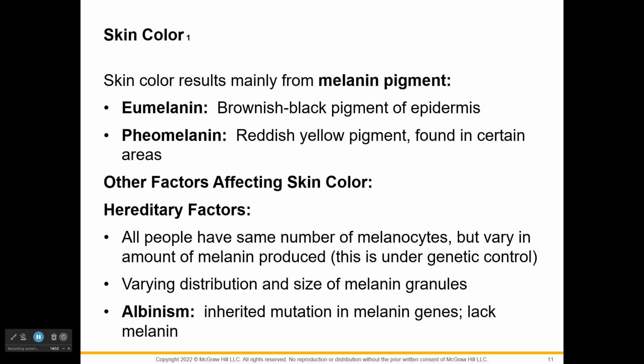And then you might be born with albinism. You might be what's called an albino. Alb means white. And what happens with this is the genes that control production of that pigment melanin is messed up. And so you don't have melanin at all, and so you don't have the reddish yellow or darker pigments of the skin.